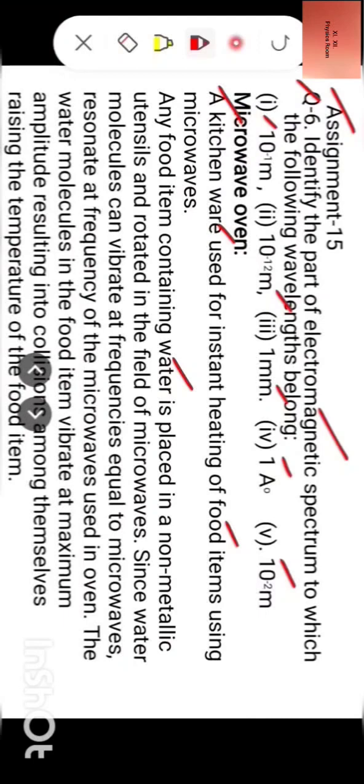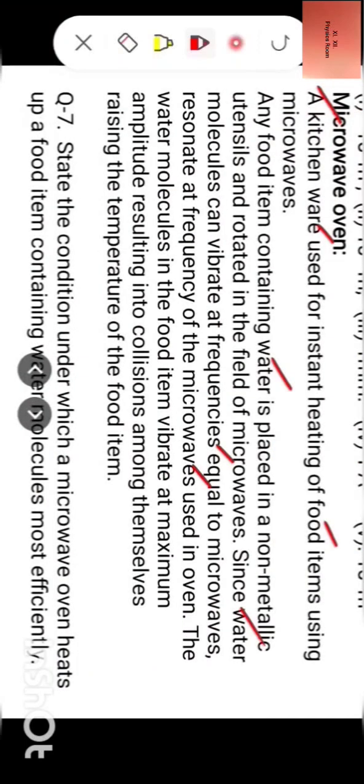Since water molecules can vibrate at frequencies equal to microwaves, they resonate at frequency of the microwaves used in oven. The water molecules in the food item vibrate at maximum amplitude due to resonance, resulting into collisions among themselves, raising the temperature of the food item.